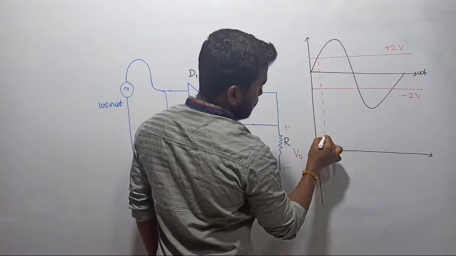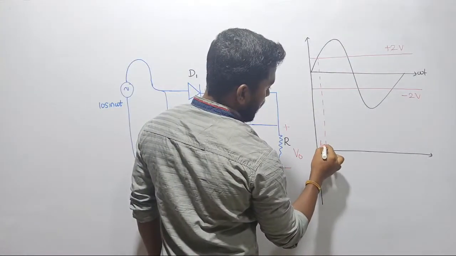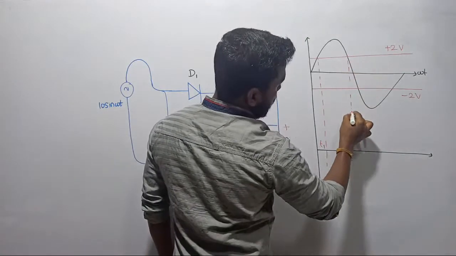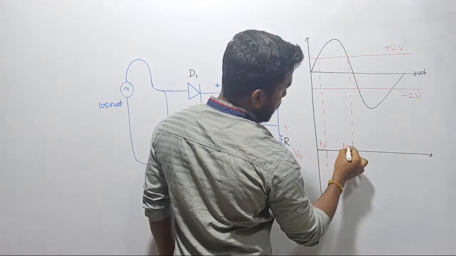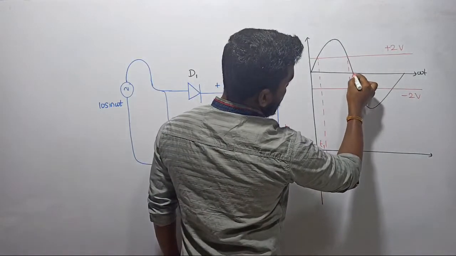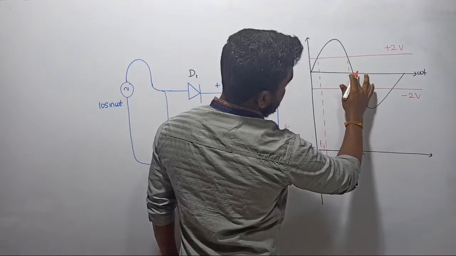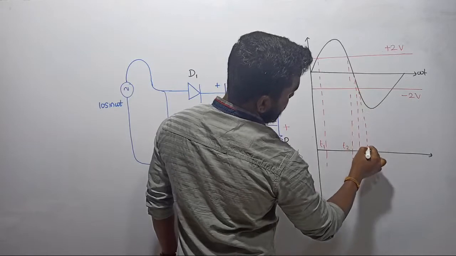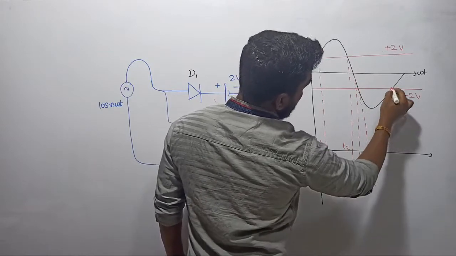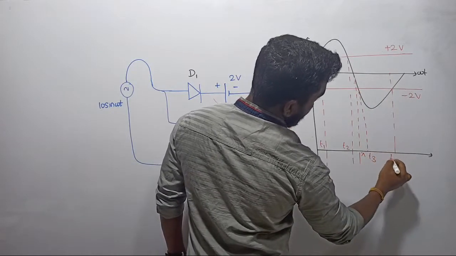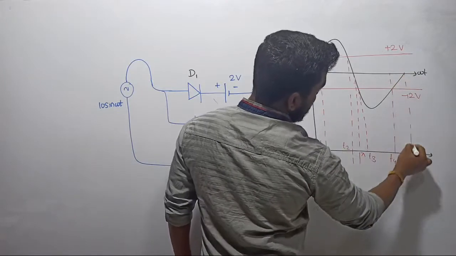Let me name this one T1, this one T2, and this is pi, and this is T3, this is T4, this is 2 pi.